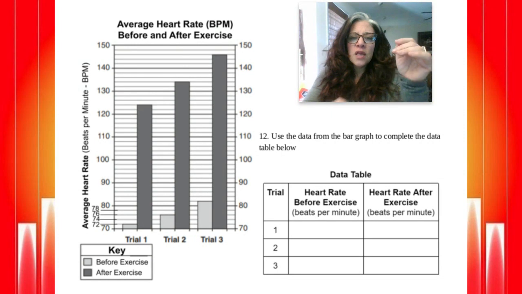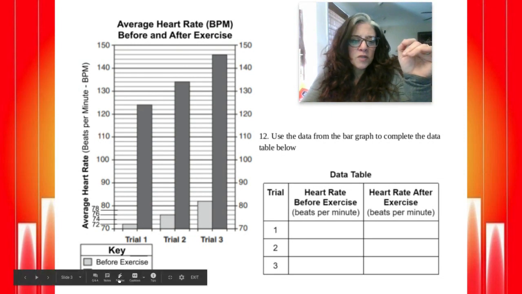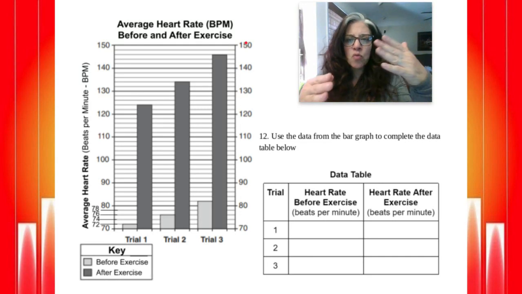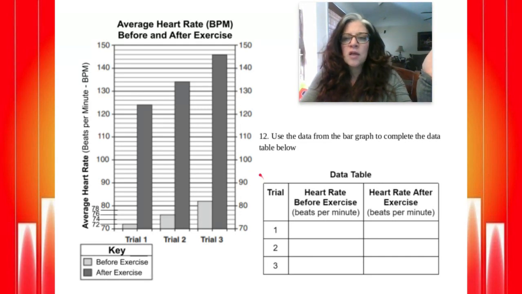Now, if you look here, let me put my laser pointer on, right? If I look here at my laser pointer, I see that the graph originally was labeled in increments of 10, 70 through 150: 70, 80, 90, 100, 110.